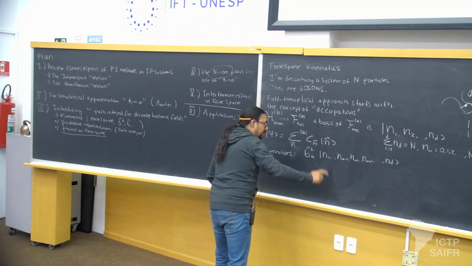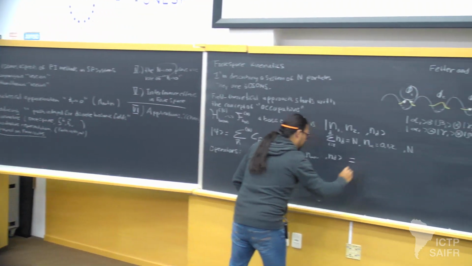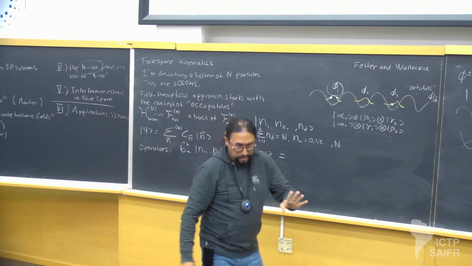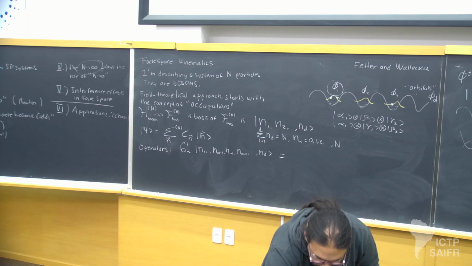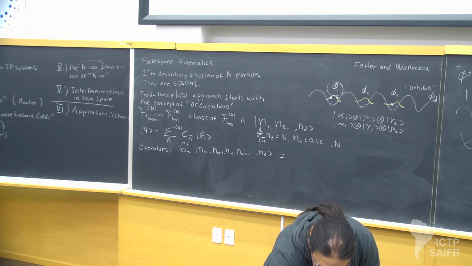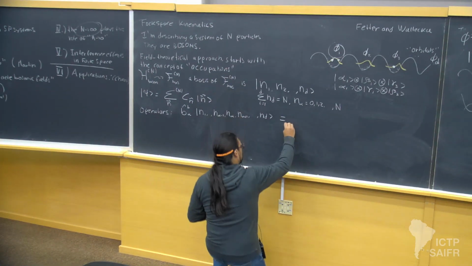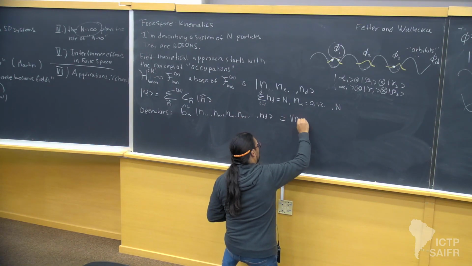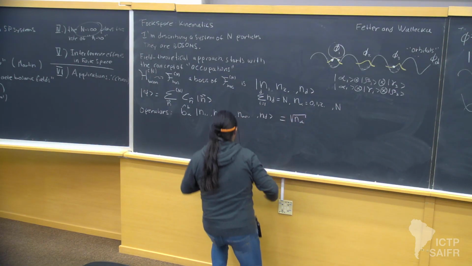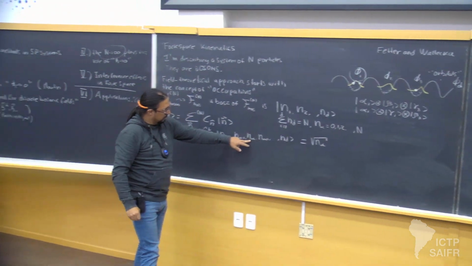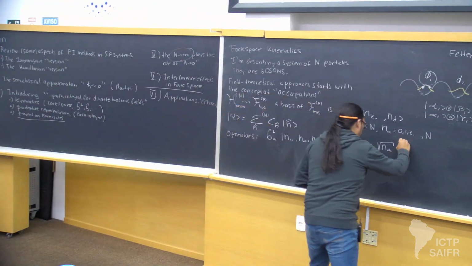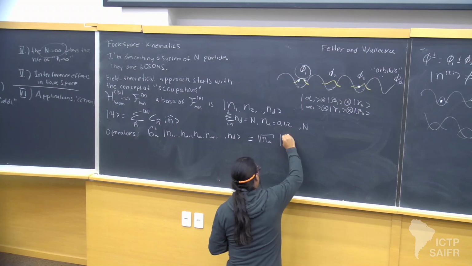So this thing is defined to do the following, and I always forget where the n is. This one is taking out the alpha occupation and adding 1 to it.